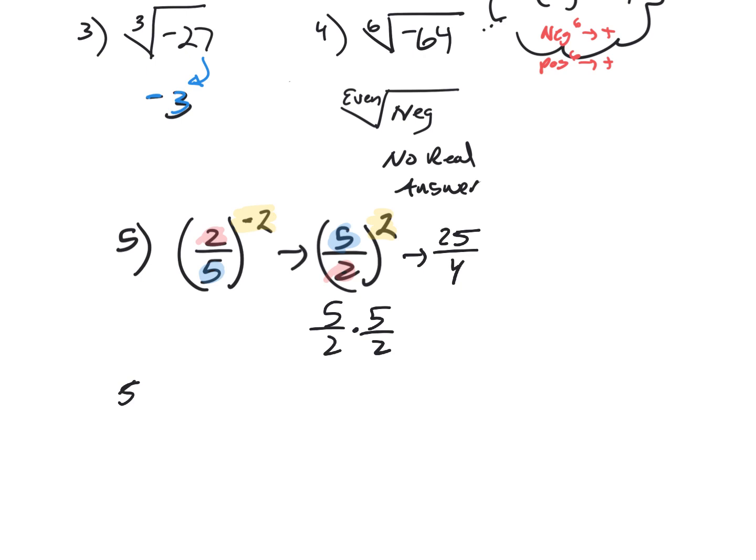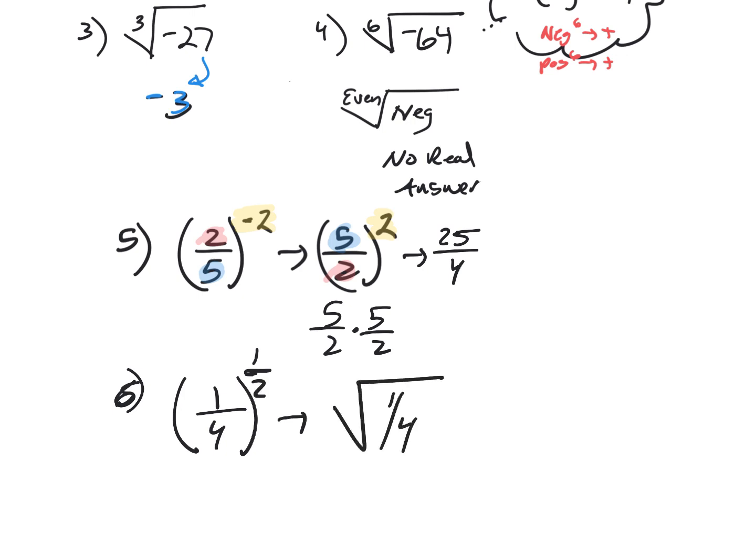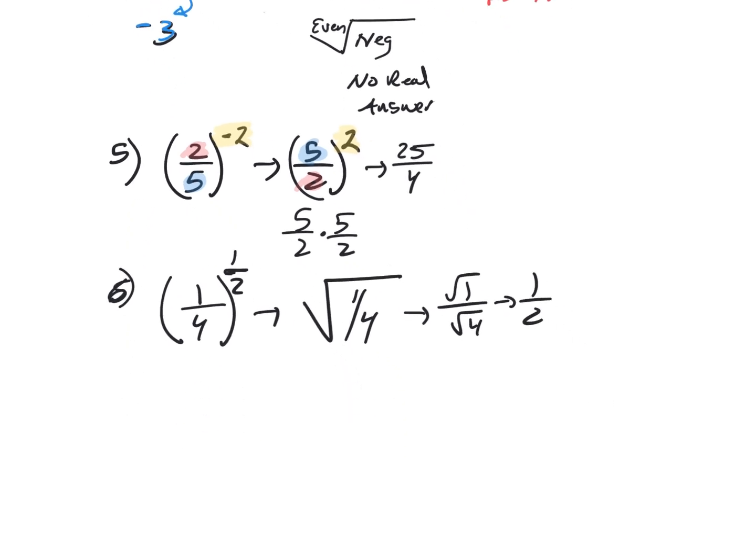Now be careful if that was, say, 1/4 to the 1/2. That would be the square root of 1/4, which would be the square root of 1 over the square root of 4, which would be 1/2. Or what if it said 1/9 to the negative 1/2?